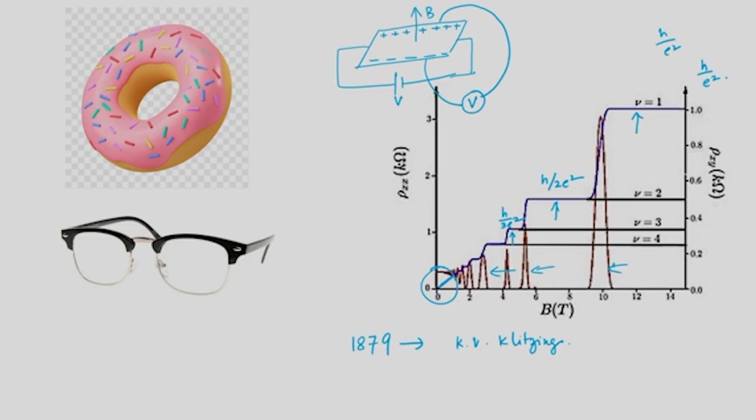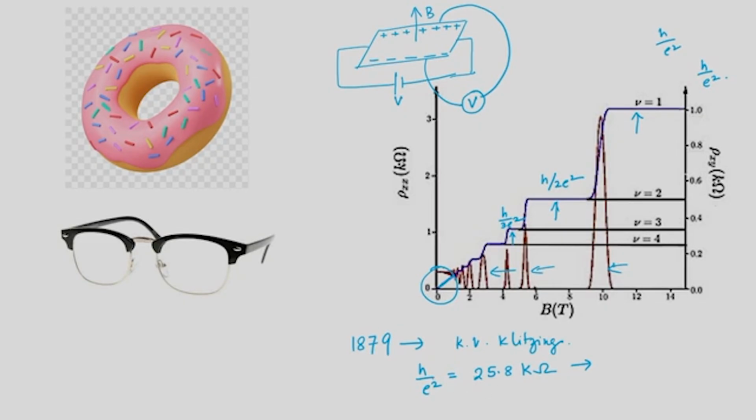So this was the sort of discovery which went ahead to form what is called metrology, where this H over E square is approximately 25.8 kilo ohms. So that is the benchmark of resistance which is fixed from a macroscopic experiment on really dirty systems. Dirty means there is a lot of disorder and defects in the system, and it still was able to give you this value of resistance in terms of the microscopic parameters.